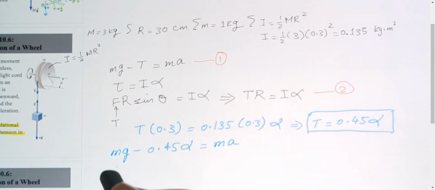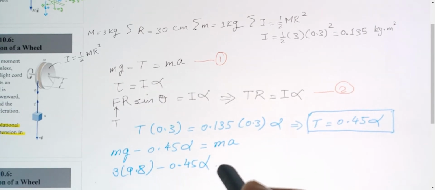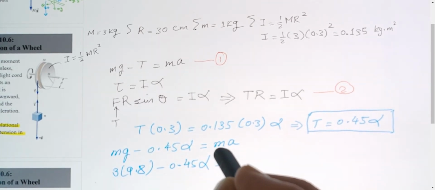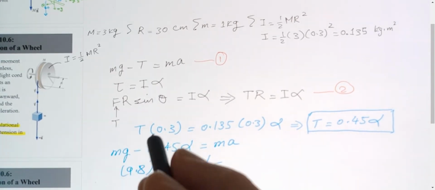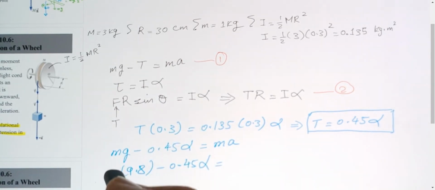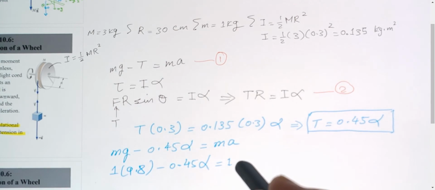I put the numbers, so the mass is 3 kilogram by 9.8 minus 0.45 alpha is equal the small m, so this is 1 kilogram A. And what is A?